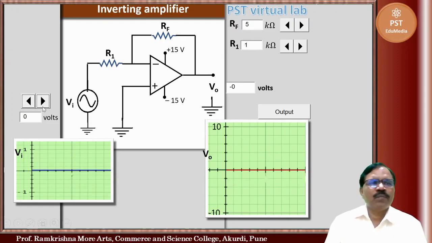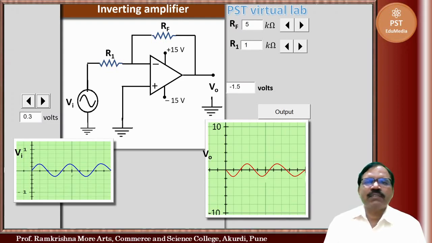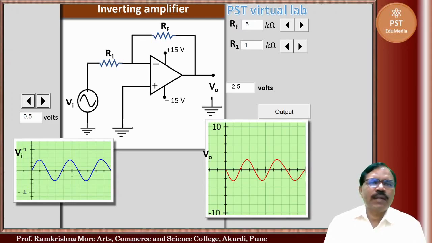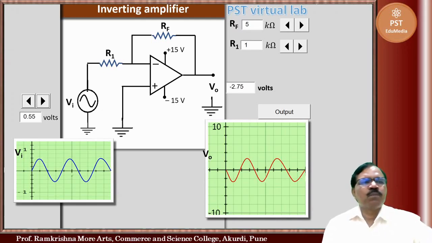For 0 it is 0, for 0.05 we have minus 0.25, for 0.1 we have minus 0.5, for 0.15 we have minus 0.75, 0.2 minus 1, 0.25 minus 1.25, 0.3 minus 1.5, 0.35 minus 1.75, 0.4 minus 2 volts, 0.45, 0.5, 0.55, we have the corresponding values here.